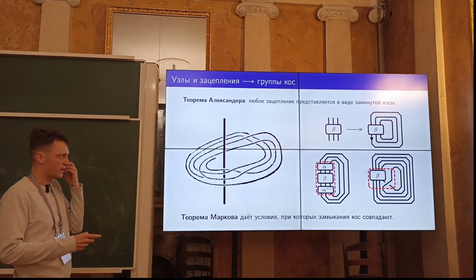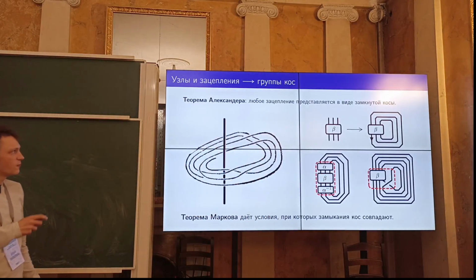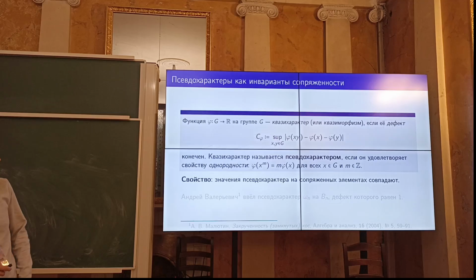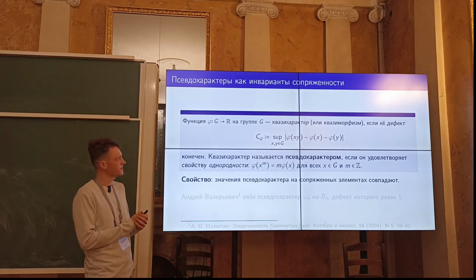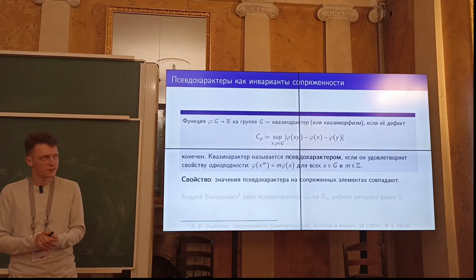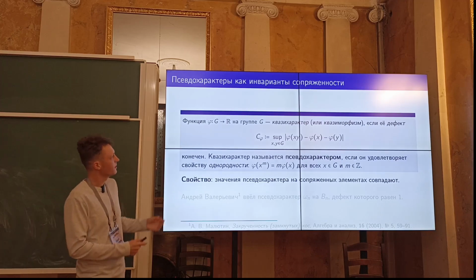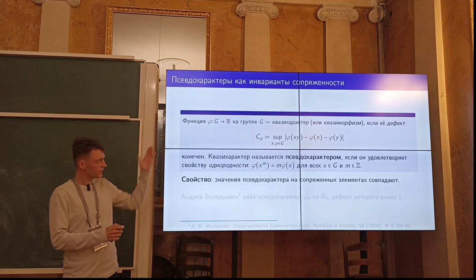And to study conjugation properly, we need to refer to invariants of conjugation in the braid groups. And the main tool here today is the so-called pseudo-characters or quasimorphisms. Here's the definition.